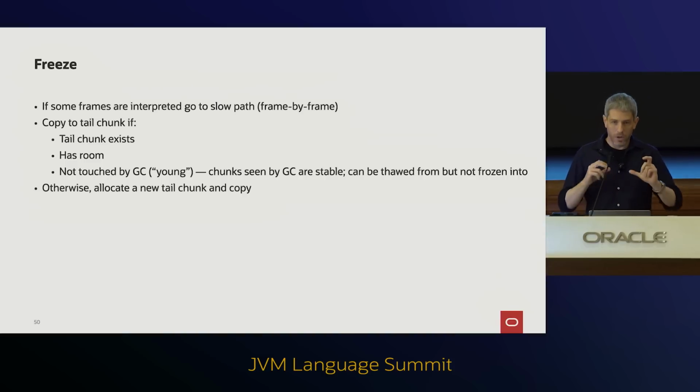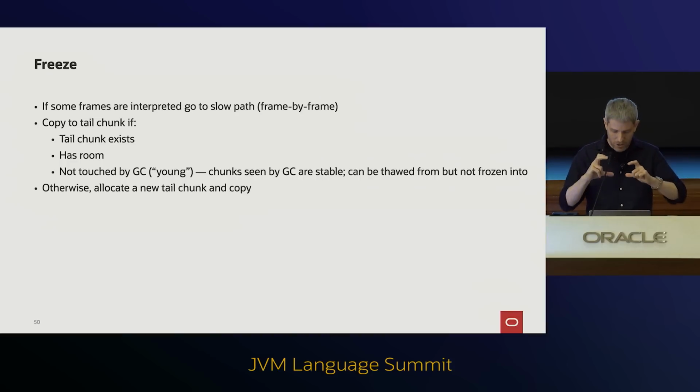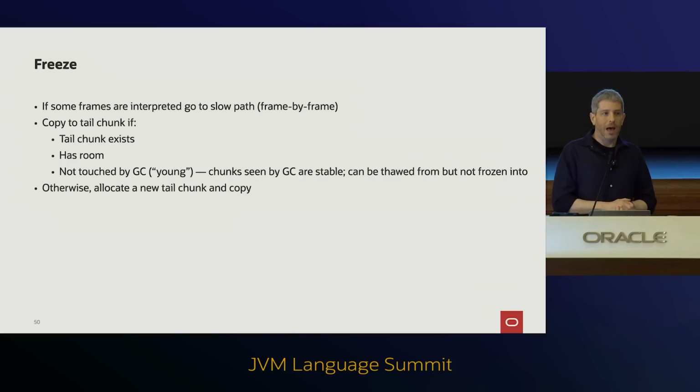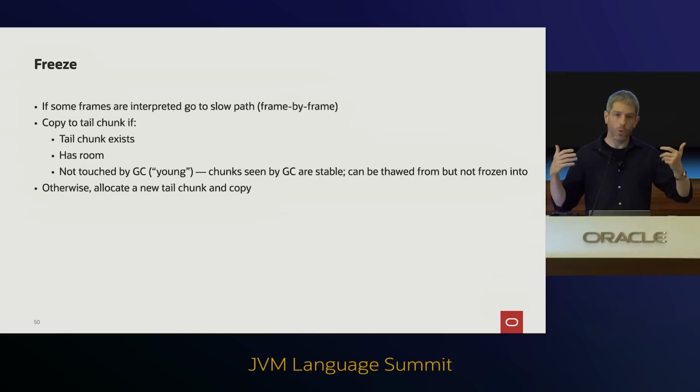And again, we're using lazy copy, so it's not all the continuation frames, it's just the ones that we've just created. And if there is an already existing tail chunk, and if there's enough room in it, and if the GC has not seen it yet, we just do a memcopy. Otherwise, if there's not enough room in the tail chunk, or it doesn't exist, or it's already been seen by the GC, we allocate a new tail chunk and copy into that.